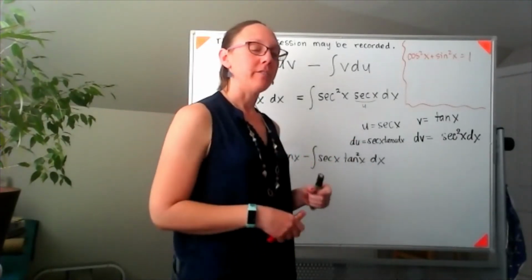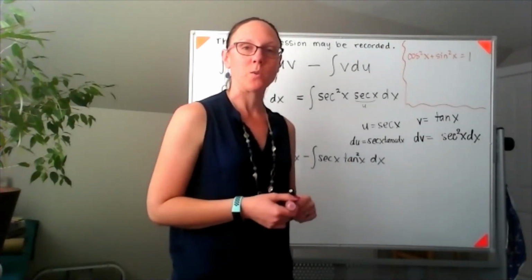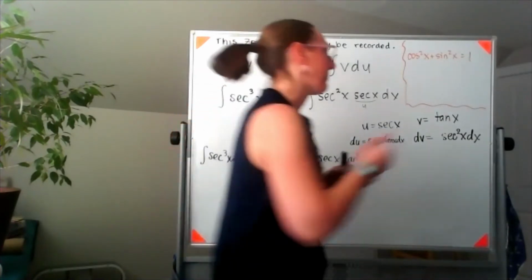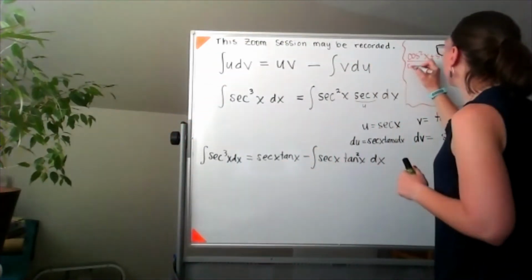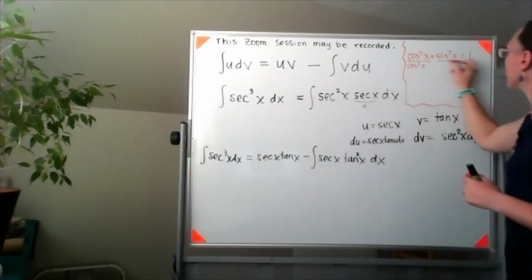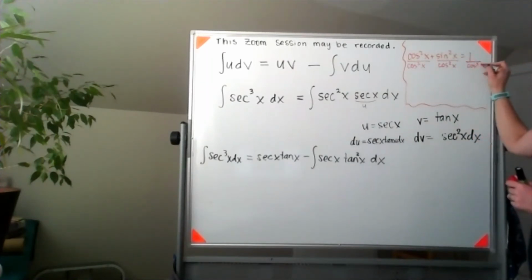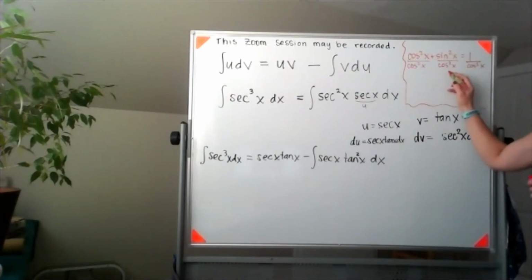And if we take all of the terms up there and divide by cosine squared, it's going to give us the trig identity we need right now. Sine over cosine is tangent.